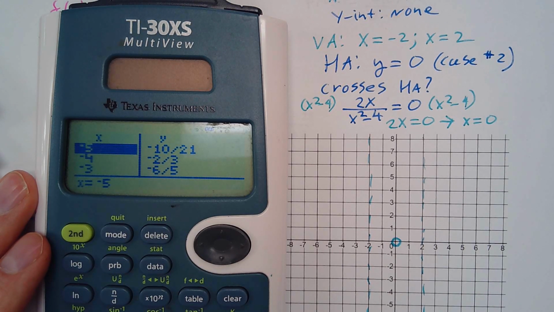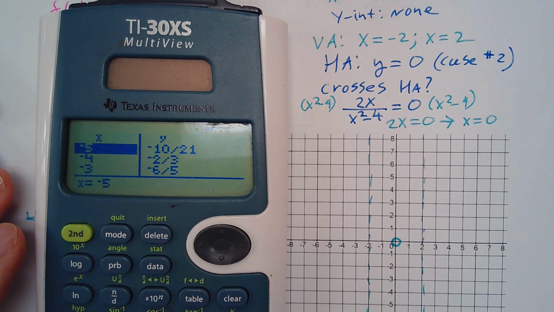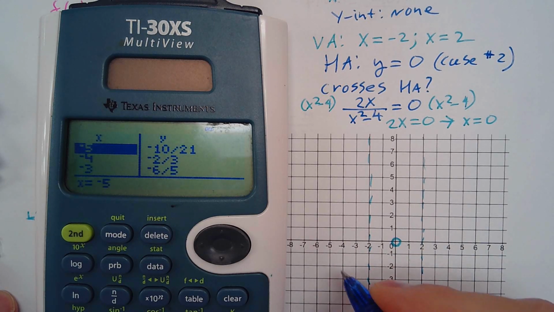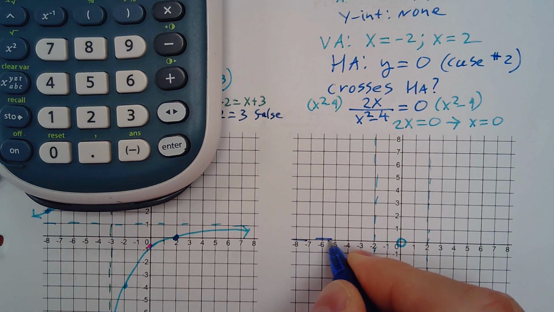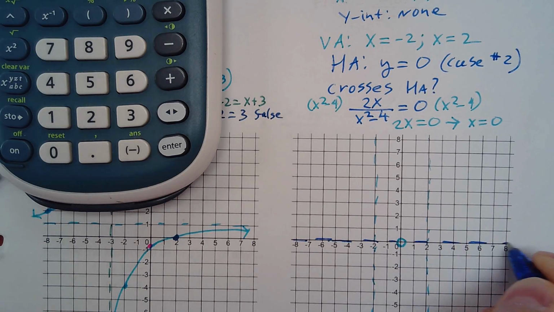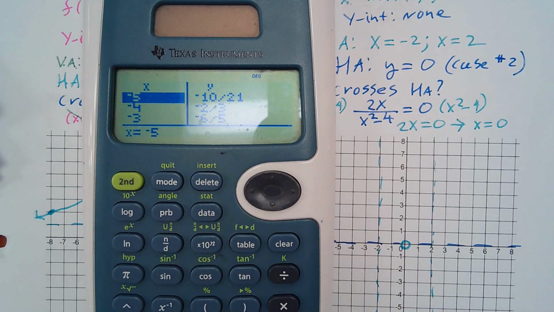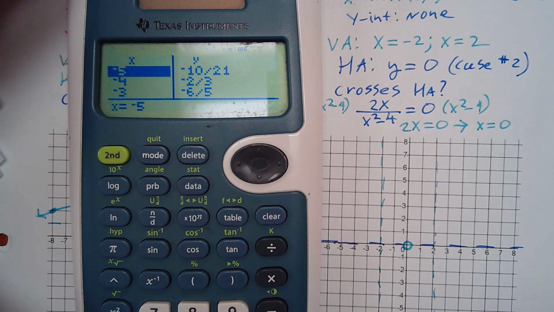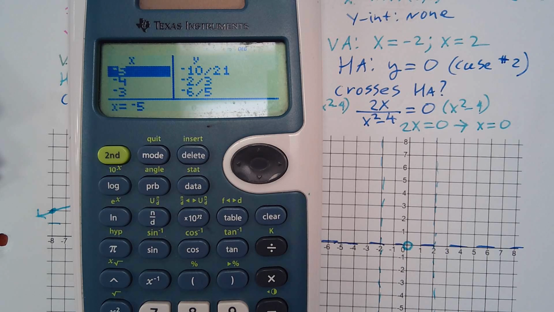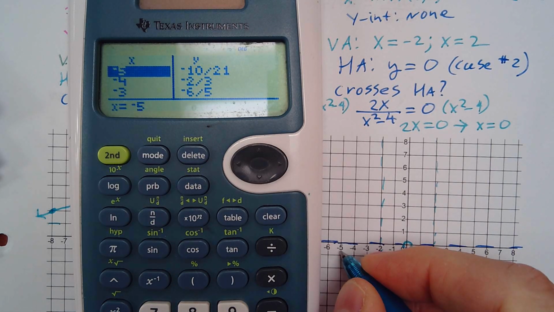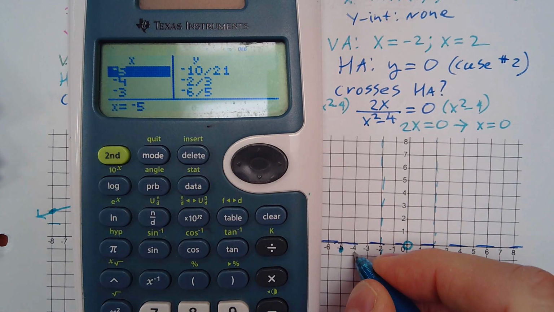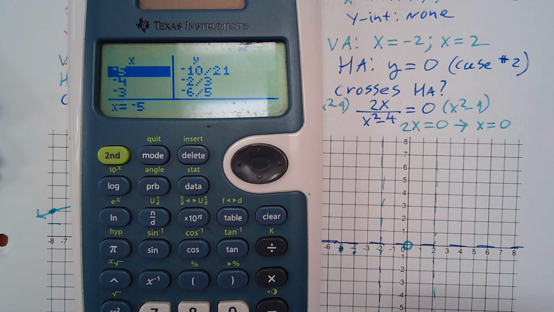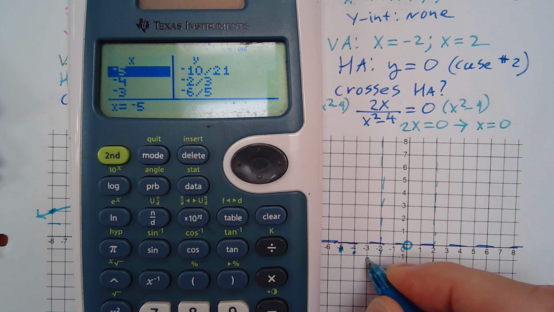All right, -5, that's -10 over 21. That's about a -0.5. So, no, I didn't plot the horizontal asymptote. That's what's wrong here. So let me put that in real quick. y equals 0. All right, so that's a little less than -1/2, so that would be about here. -4 is about -2/3, so that's here. -3 is -5 over 6, so that's about here.